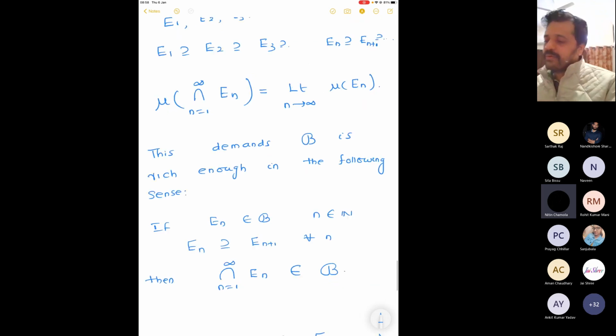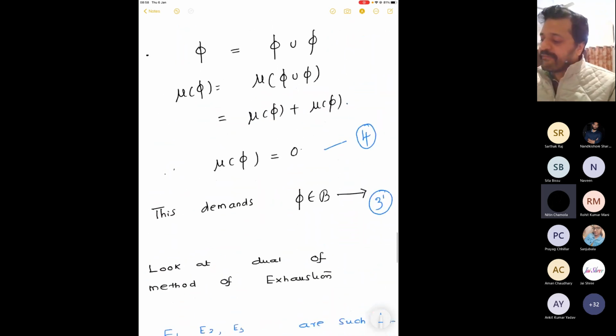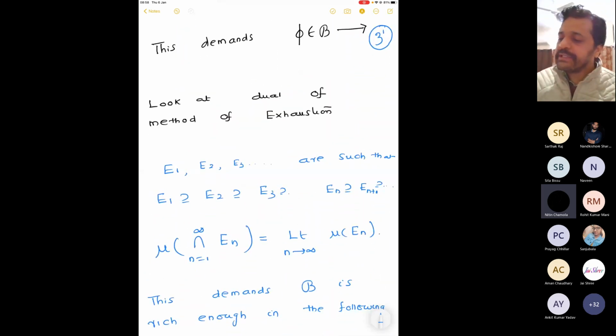So what I'm saying is this. If at all you want to work with the dual of method of exhaustion, you cannot expect it to hold in general, especially when mu of En becomes infinity for some En. In other cases you may be able to expect it.